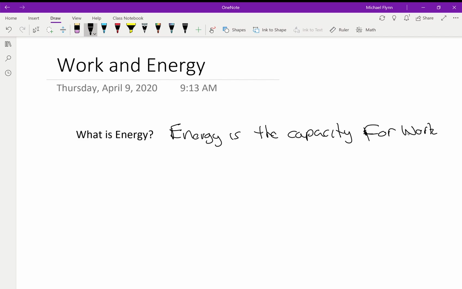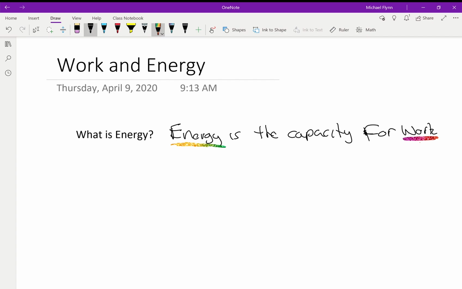Okay, so that is what energy is. I'm going to use my rainbow color to underline that for you. So energy is the capacity for work. You can see there's a connection between work and energy. If you have energy, you have the capacity to do work.